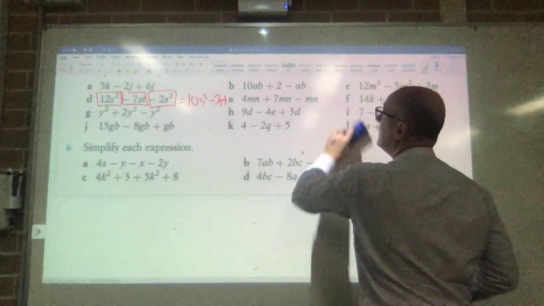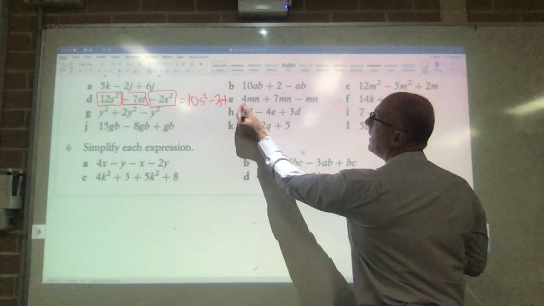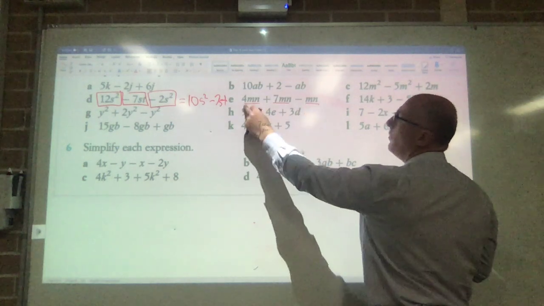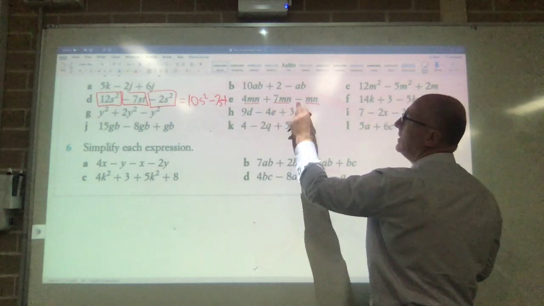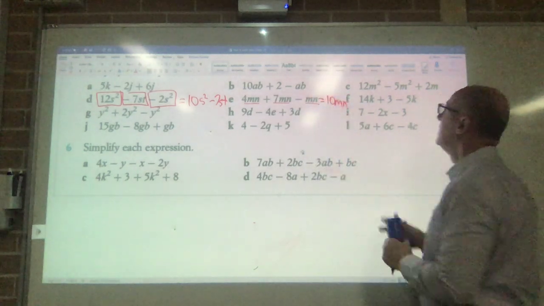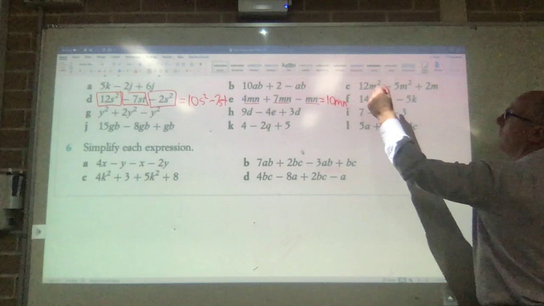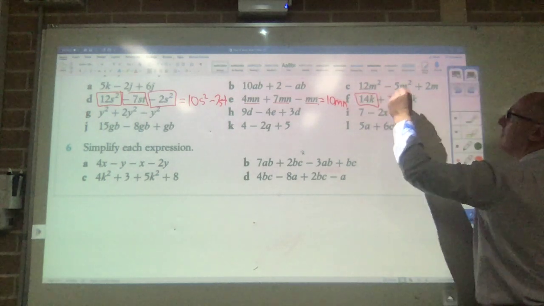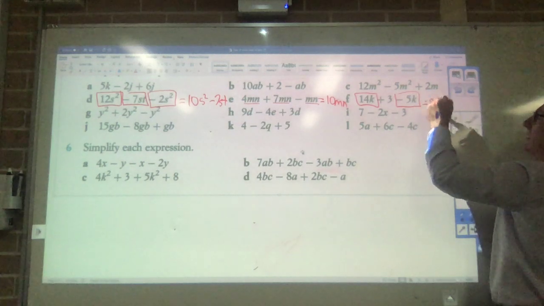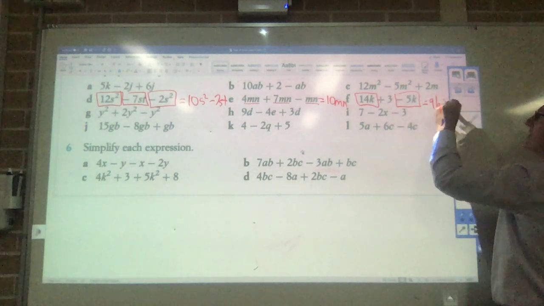If you look at this, they are all like terms, 4mn, 7mn and 1mn, so it's 4 plus 7 is 11, take away 1 is 10, the answer is 10mn. Across here, 14k goes with the minus 5k, so 14k take away 5k is 9k, and then plus 3.